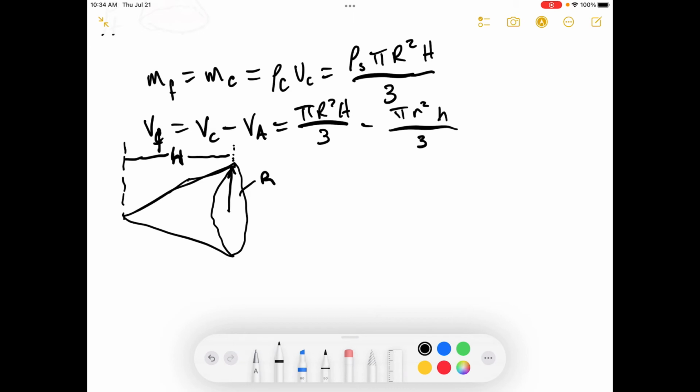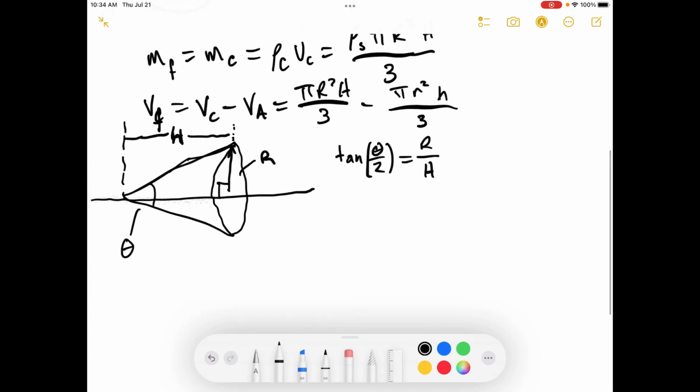And then we've got, we'll draw a line through here. And this is still theta, but we're going to cut theta in half, and we've got a triangle here. That's a right triangle. Okay, so this means that the tangent of half the angle theta is equal to the opposite, r, over the adjacent, big H.